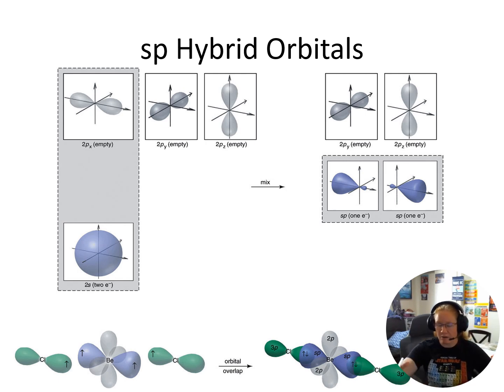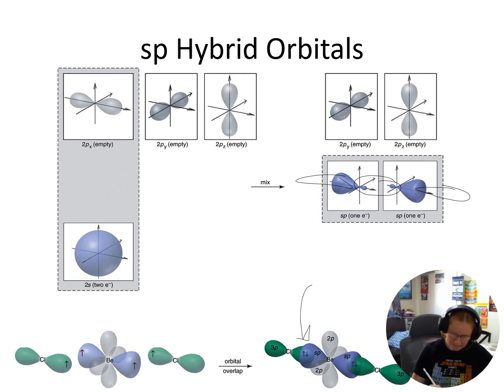But you can see now, right here, when that overlaps end-to-end, it's linear. So this will overlap over here, and this will overlap over here, which is what you see down here.